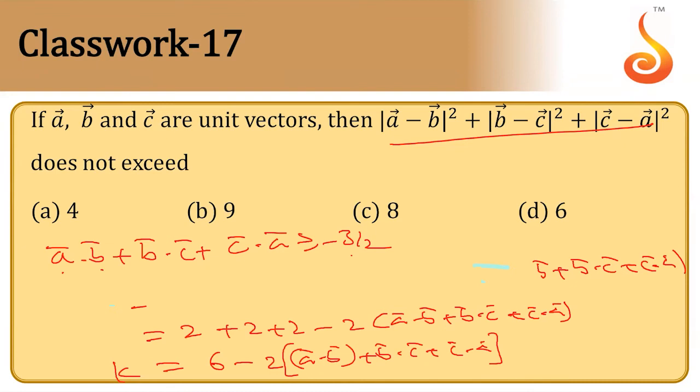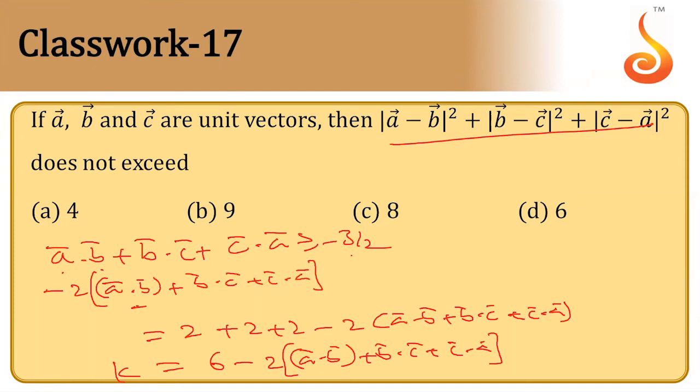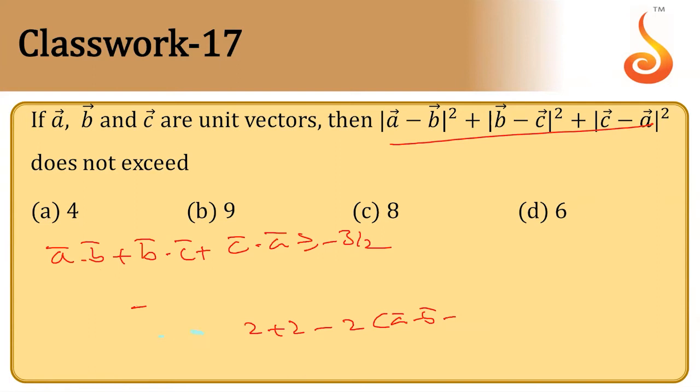Now we want minus 2 times this, so first you multiply by minus 2. If I multiply this expression by minus 2, a dot b plus b dot c plus c dot a, that will give us less than or equal to 3. Correct or wrong? If I multiply by minus 2, greater than becomes less than. Please listen to what I'm saying.